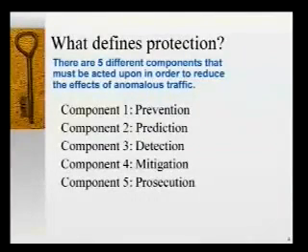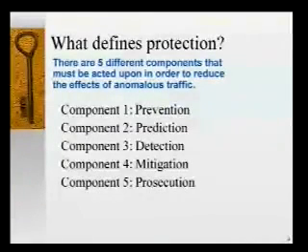We consider it 5 components, and the first one being prevention, and that's how to prevent anything from happening in the first place. Prediction. Everybody's going to have some gaps at some moment in time. Can we predict, based on these gaps, where an attack is going to occur, where we're more susceptible to breach at? Detection. Once somebody launches anomalous traffic towards us, can we detect it?